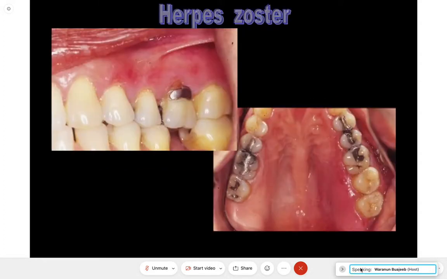This patient came to see me because of pain along all these teeth, even with the restorations. But after the periapical X-ray, we could not find any pathology of these teeth.